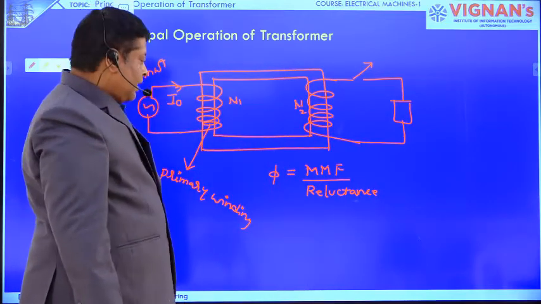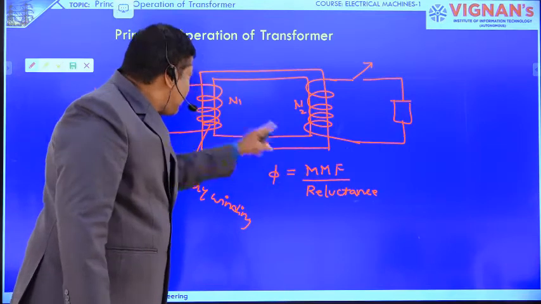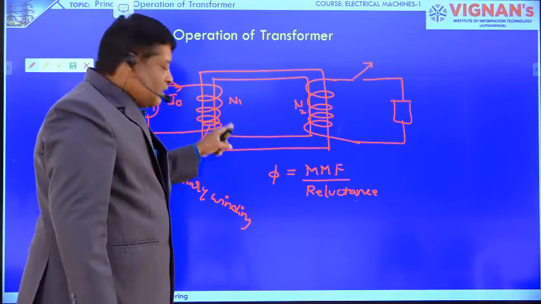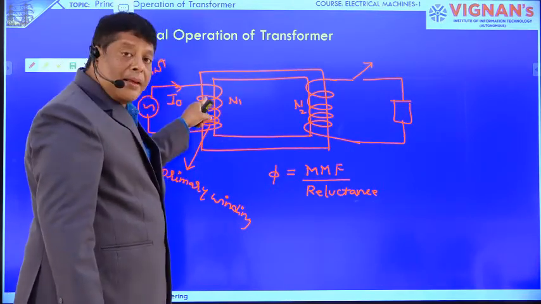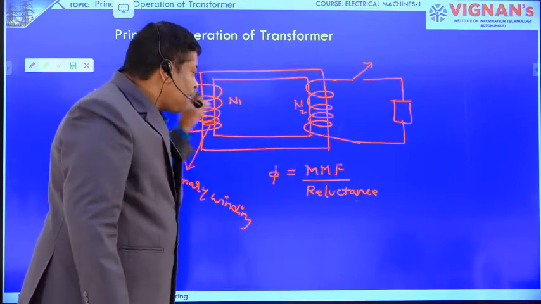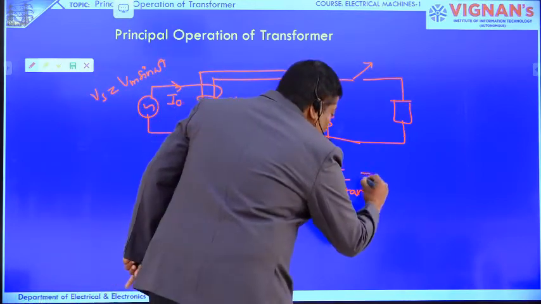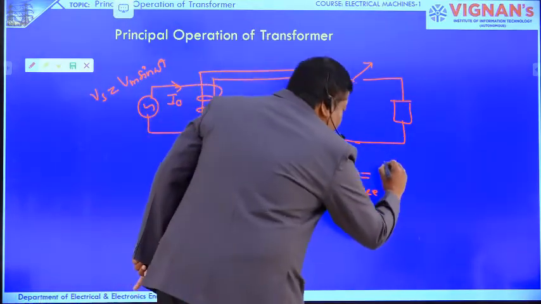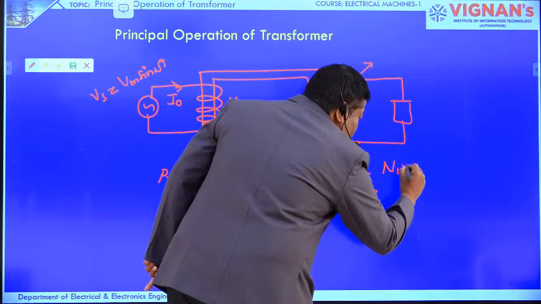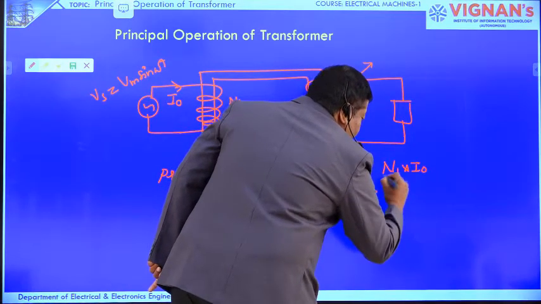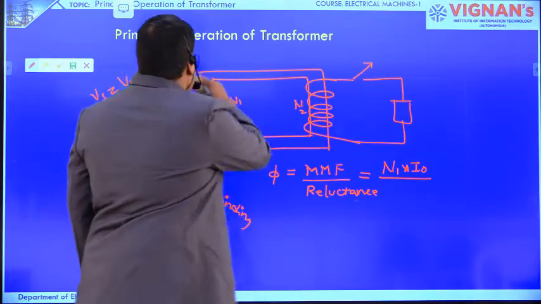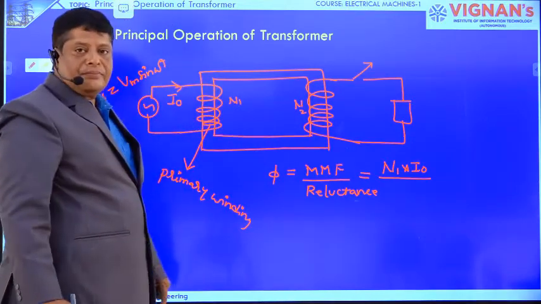The MMF at the primary winding is, mathematically, the number of turns times the current flowing through the primary winding, which we have taken as I0.